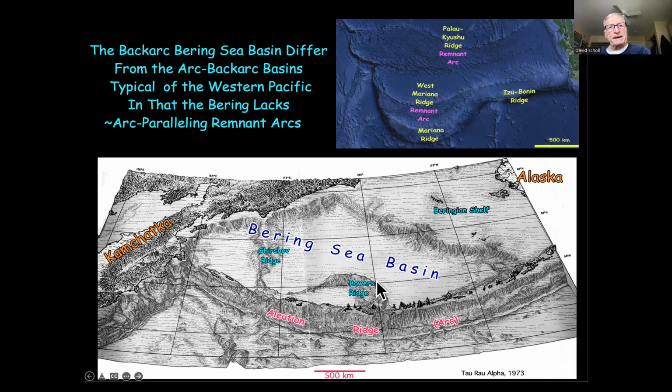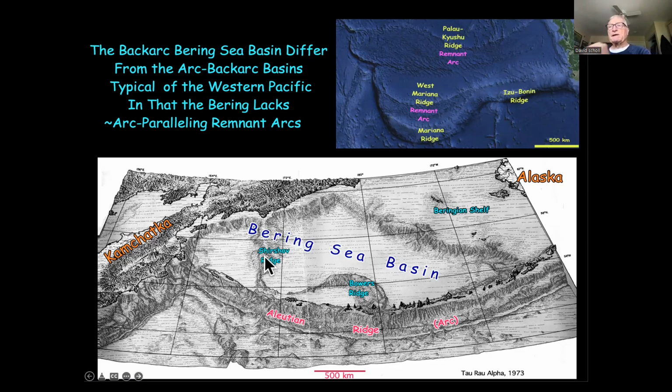When we looked at the Bering Sea, we had Bowers Ridge, Shirshov Ridge. Now, these are submerged ridges. They do not come up to the surface, but they weren't parallel to the Aleutian arc. They were quite different. And we had no idea at that time what Bowers Ridge was all about, what it was constructed of, and even less so back then of Shirshov Ridge.